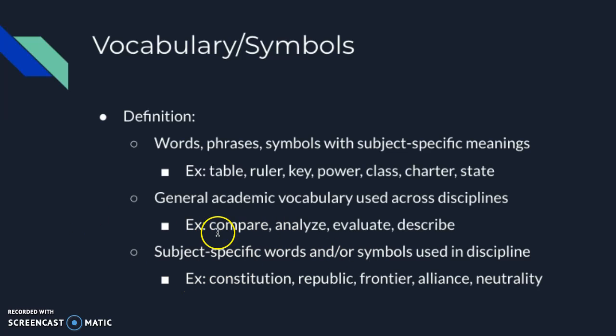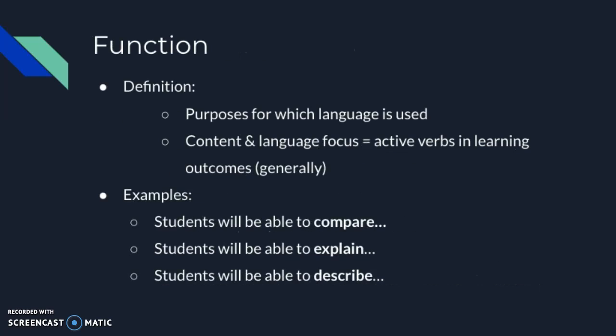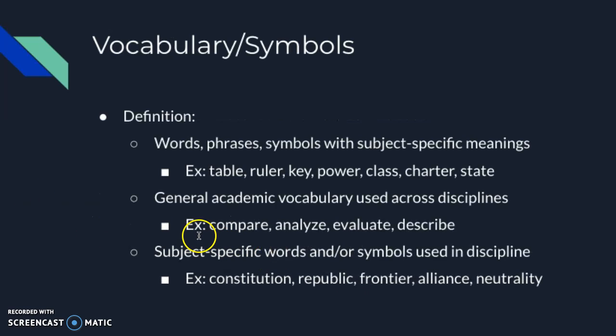These consist of, for example, compare, analyze, evaluate, describe. And here, just to make a quick connection back to function, we see compare, explain, describe, and then here we see these words as well. So it's important to understand that these are also vocabulary symbols.